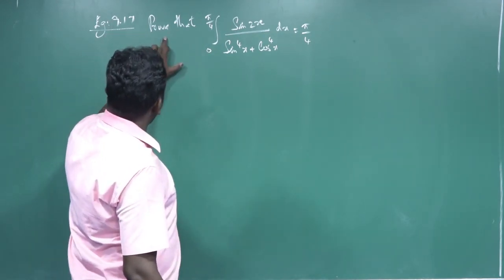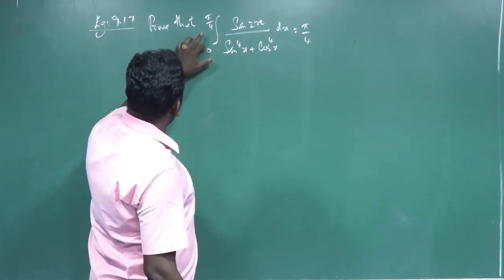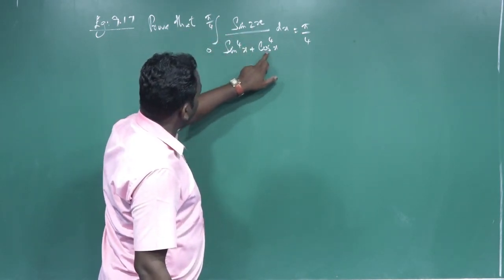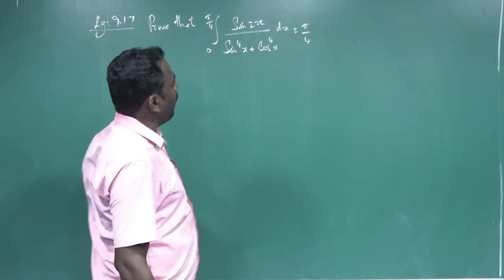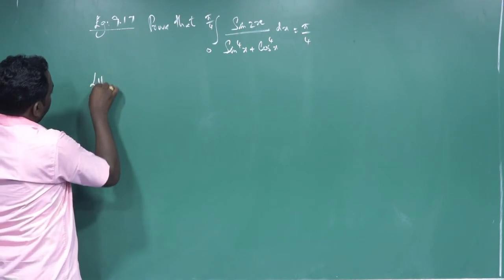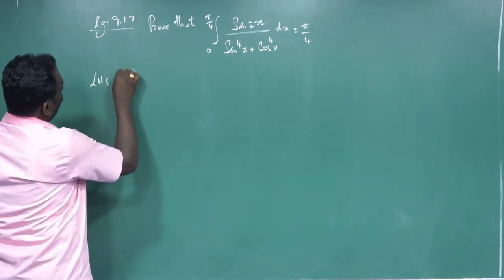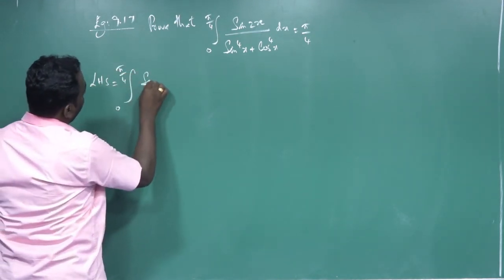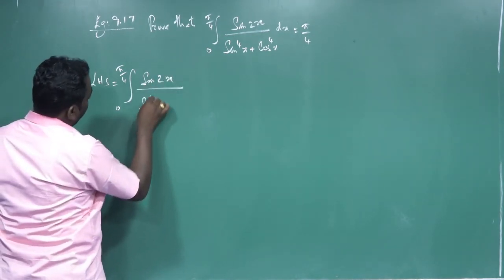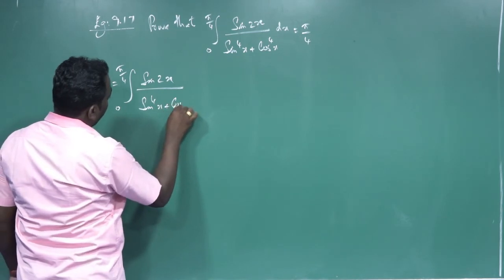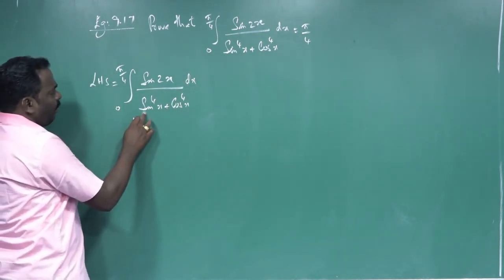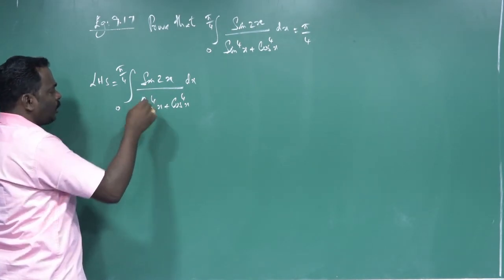Example 9.17. Prove that integral 0 to pi by 4 of sin 2x by (sin power 4x plus cos power 4x) into dx is equal to pi by 4. So now the given left hand side equation: integral 0 to pi by 4 sin 2x by (sin power 4x plus cos power 4x) into dx. Now sin power 4x we can write as (sin square x) whole square.